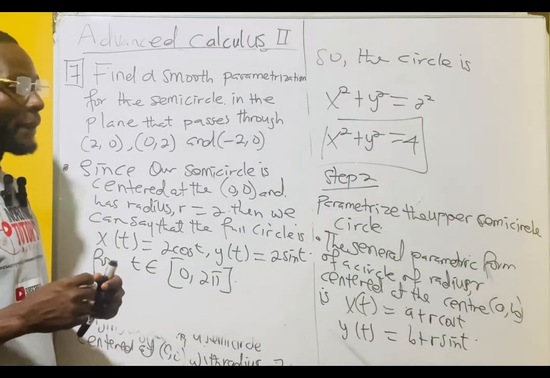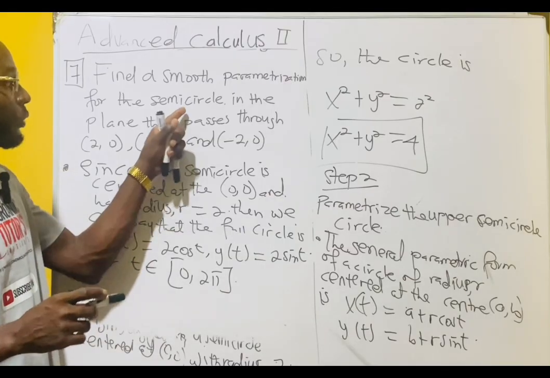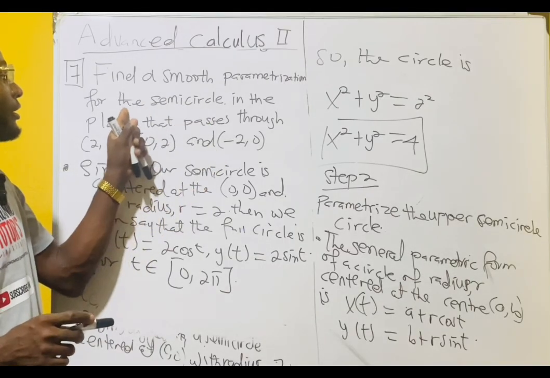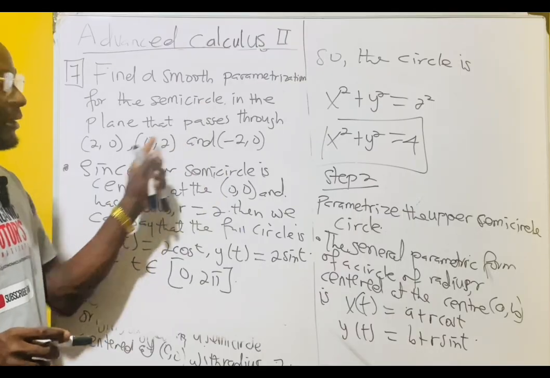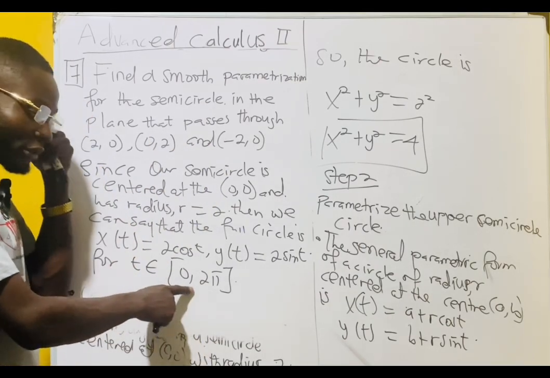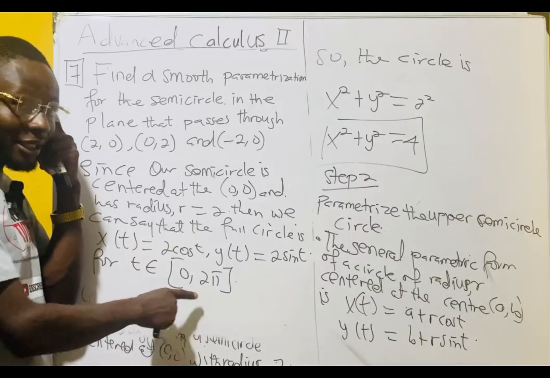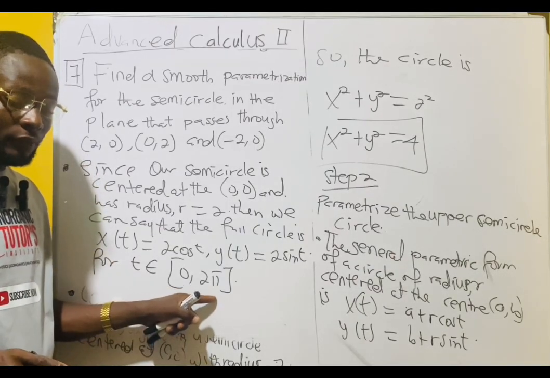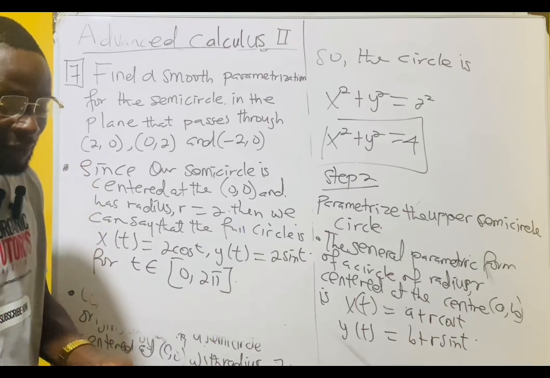Okay, but this one we want a semicircle, right? We want to find a smooth parameterization for the semicircle in the plane that passes through these points. If this is having a range of 0 to 2 pi, then the semicircle will have 0 to pi, right?